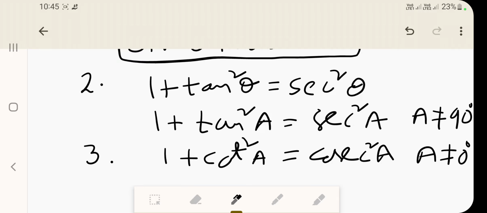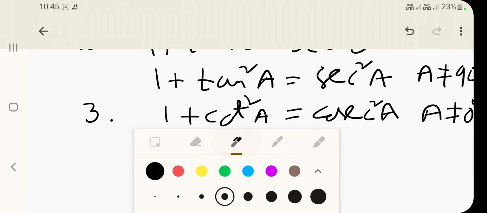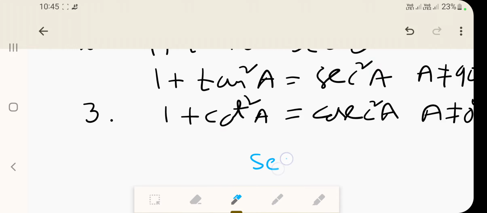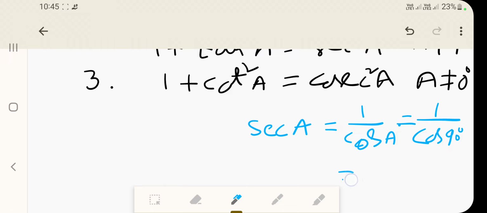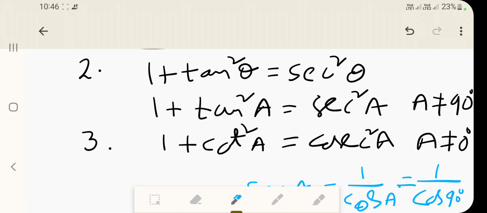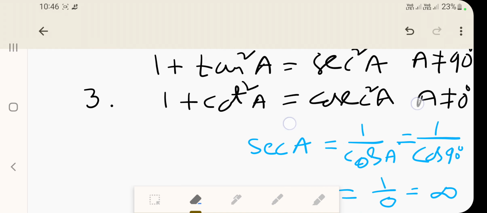Because secant A is nothing but 1 by cos A. Suppose you take 90 degrees, 1 by cos 90 degrees, cos 90 is nothing but 0. 1 by 0 is going to be infinity, undefined. So A should not be equal to 90 degrees. For other angles like 45, 30, 60 degrees, it is valid.